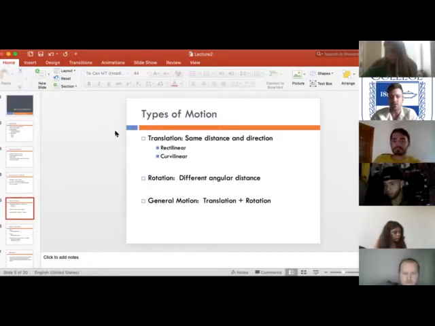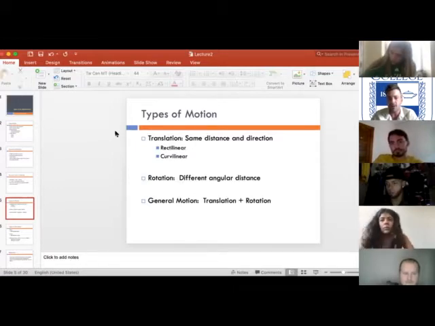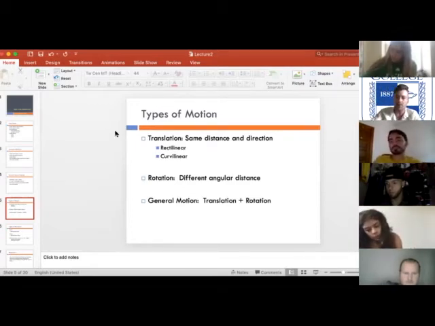So rotations are unique because movement in the human body, I think we're going to probably describe as rotations. And rotations are when all the points on a particular object move the same angular distance, or the same angle, but a different total arc distance.